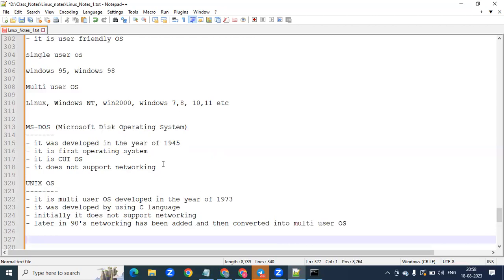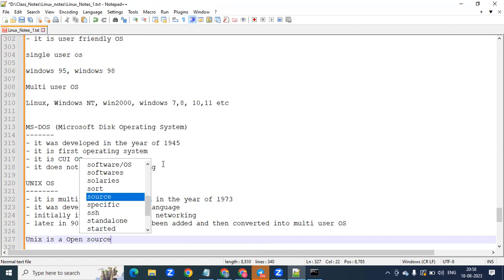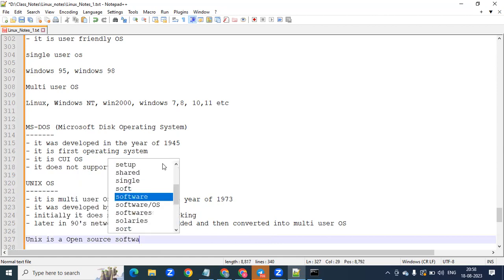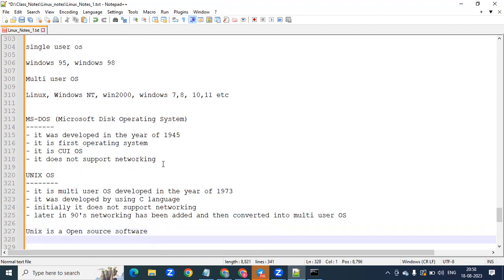No need to purchase a license or pay any amount for using that software. Since Unix is open source, people downloaded it from the internet, added some features to it and published it. In the same manner, we got Linux as well.